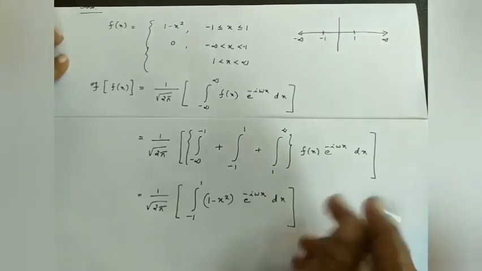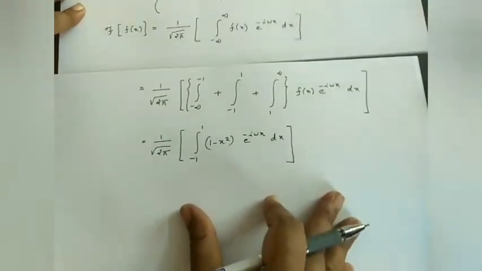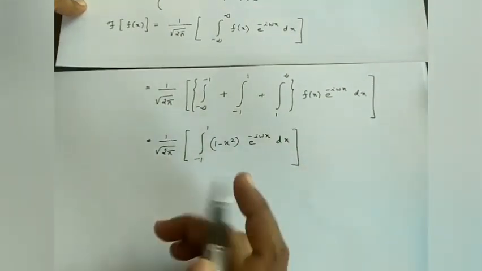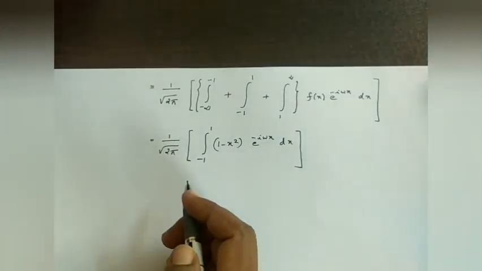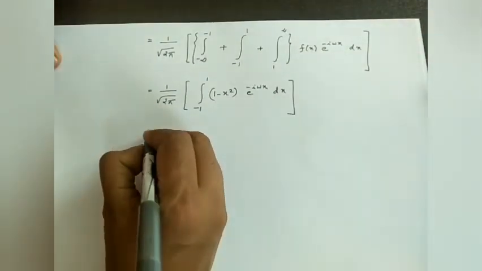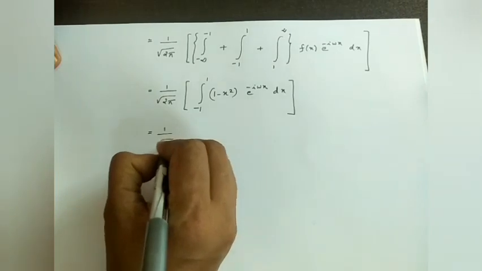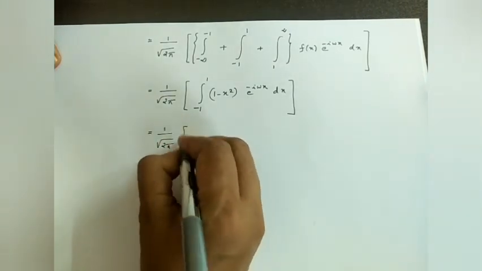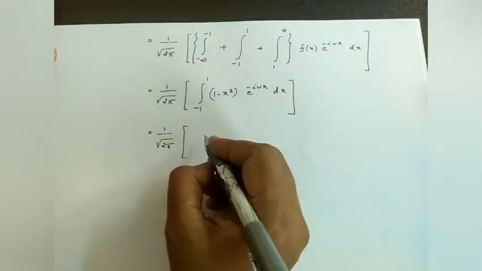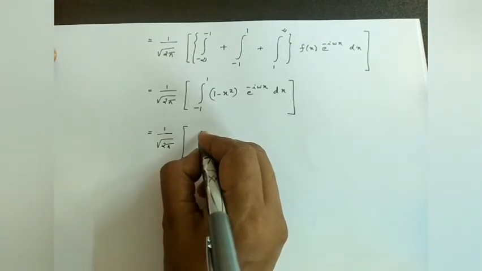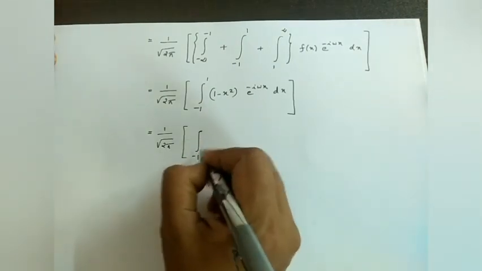Okay. Now we have 1 by root 2 pi into integral from minus 1 to 1, 1 minus x square e raised to minus i omega x dx, which can be solved using another method.